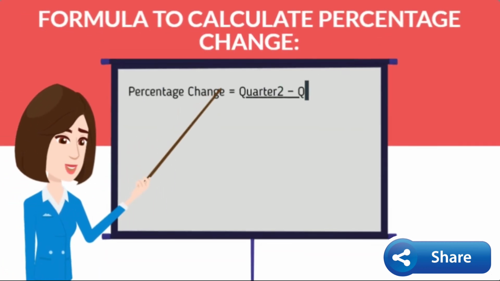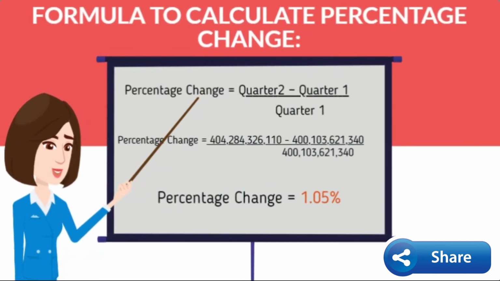The formula to calculate the percentage change from one quarter to the next is: percentage change equals quarter 2 minus quarter 1, divided by quarter 1. Now, if we apply this formula to the GDP of the Philippines in 2022, the result will be 1.05%.